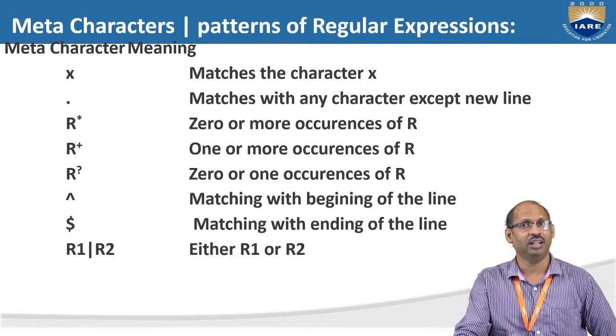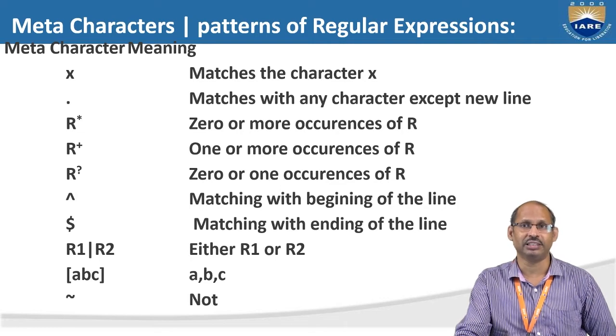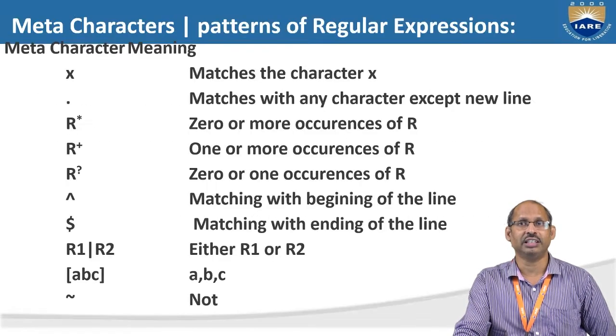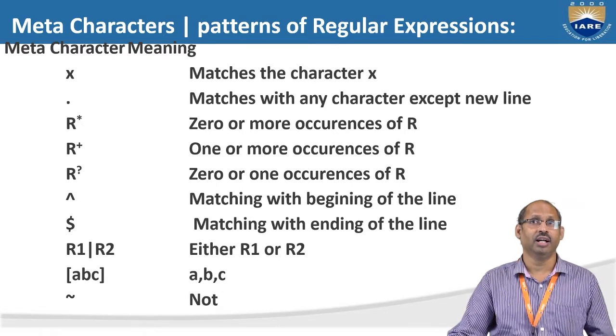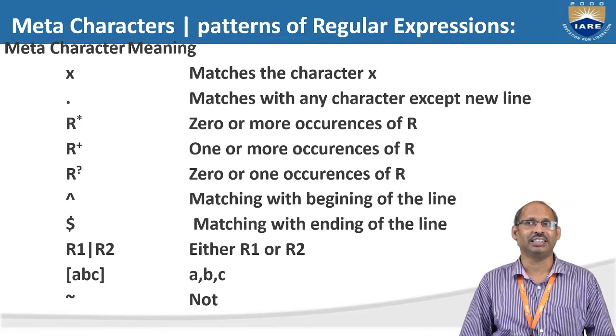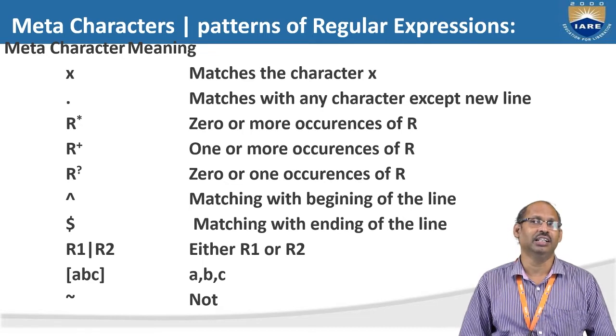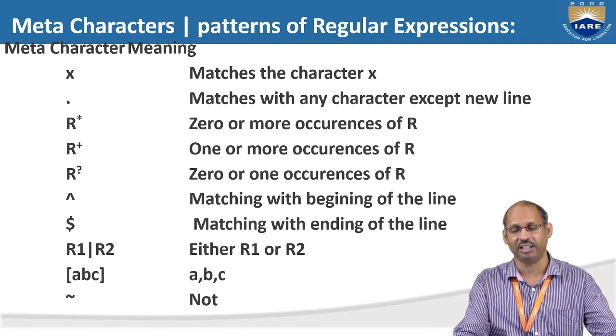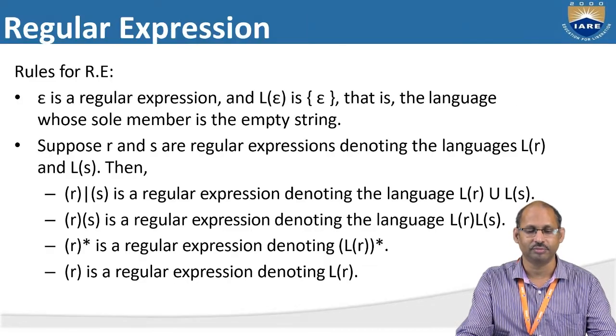Either R1 or R2. Here it consists of the symbols A, B, C. And the negation means not. So these are the different meta characters or patterns in regular expressions. These are the different patterns that we use to write regular expressions for the regular languages.